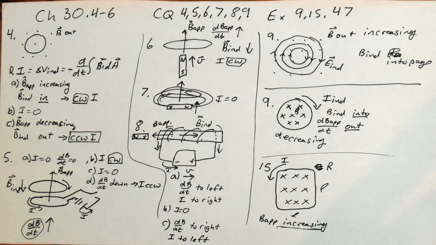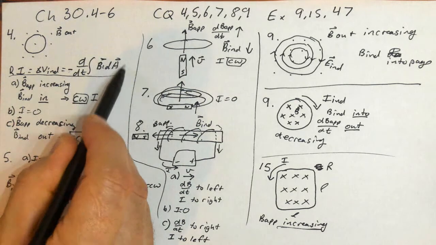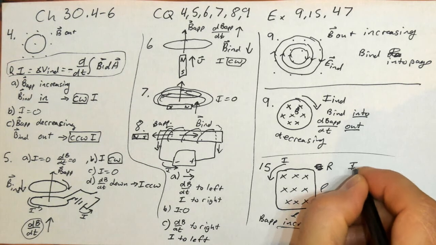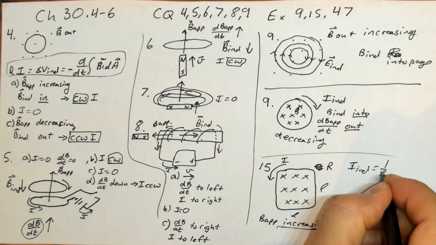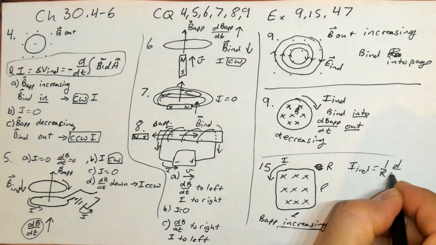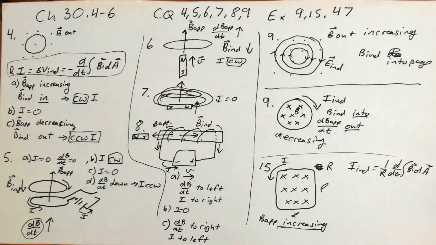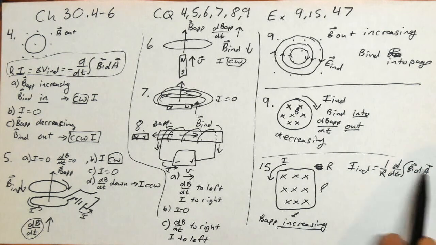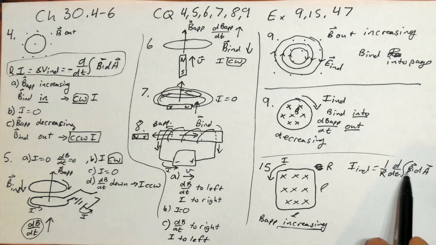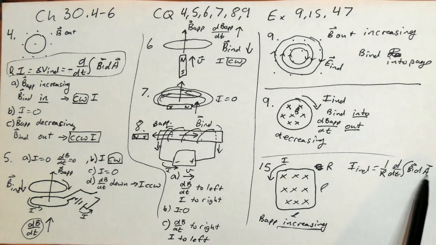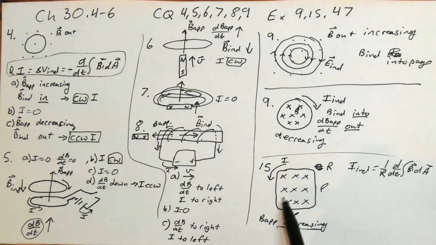And now we just work with magnitudes, and we think, okay, how big? Well, we can jump back to our Faraday's law right here, and we can see that I induced is going to be 1 over its resistance times the time rate of change of the flux. And here we just have to figure out what's changing in time and what's changing in space. Thankfully, the field's constant over the area. It's changing in time, but over this integral, it's constant. So right here, it's some value, right here, it's some value.